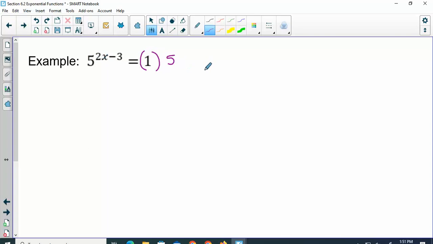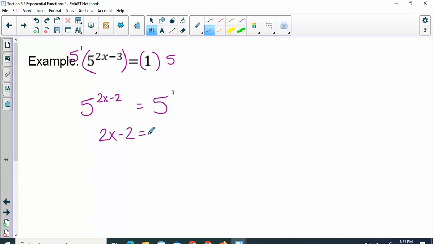There's really 2 different approaches. So this one isn't a bad approach. We know on an equation, if you do the same thing on both sides, it's legal, right? This is a 5 to the first, so when you multiply those, what would you do with your exponents? So that's 2x minus 2 now. And 1 times 5 is 5. So this is the first power.